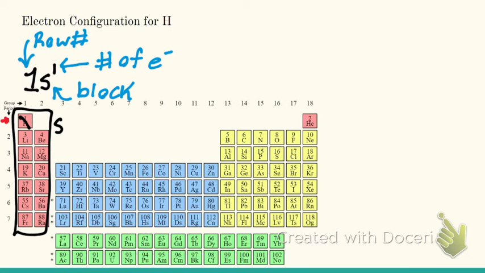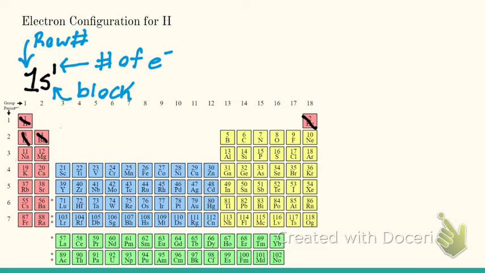Taking a look at this and going a little deeper into it, let me go ahead and erase this. If we take a look at our S block, it is only able to hold 2 electrons before we have to move on to our next row. Like at row 2, our S block can still only hold 2 electrons.